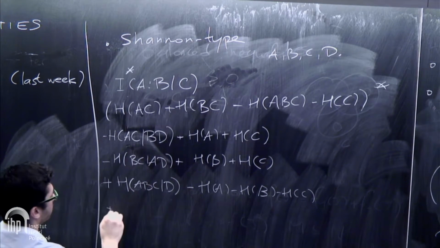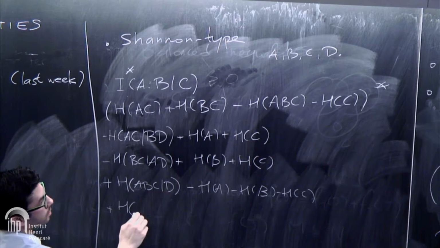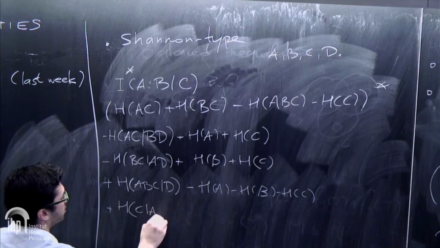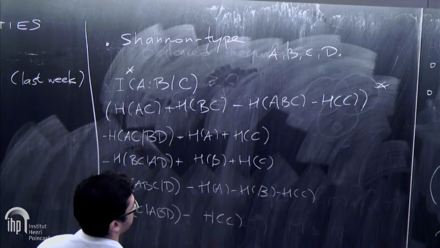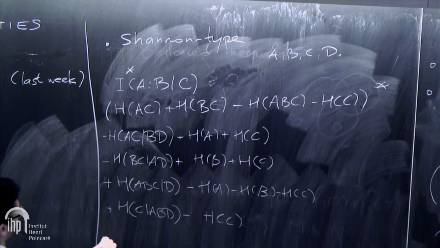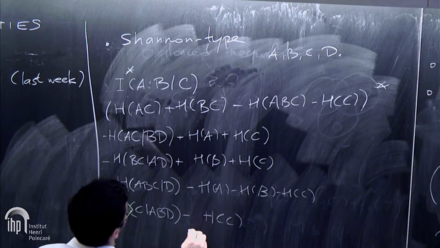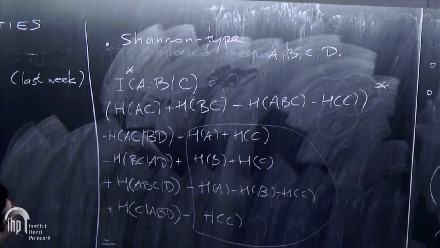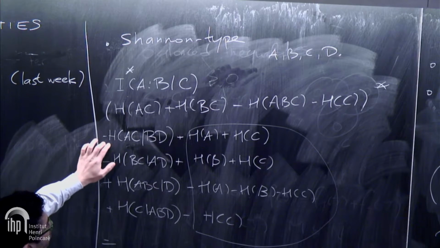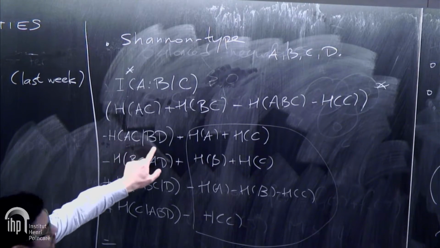And for h star of C, we get C given ABD minus h of C. And magically, all of these terms cancel. Here, I can rewrite it as entropy of ABCD minus BD.